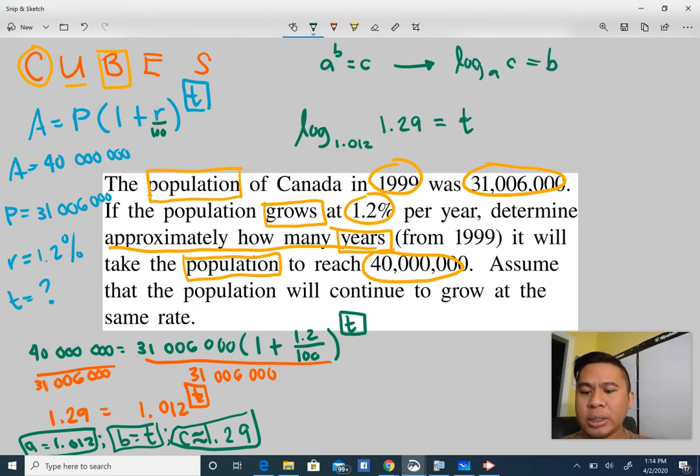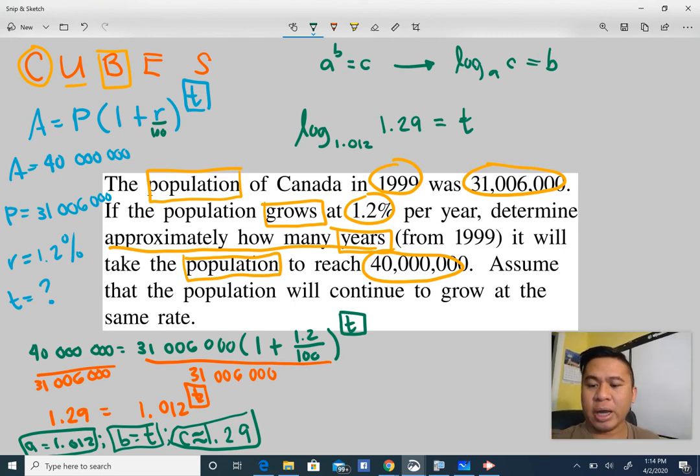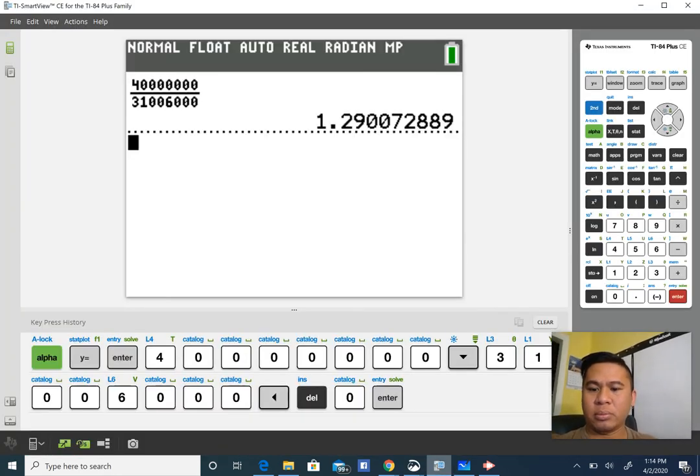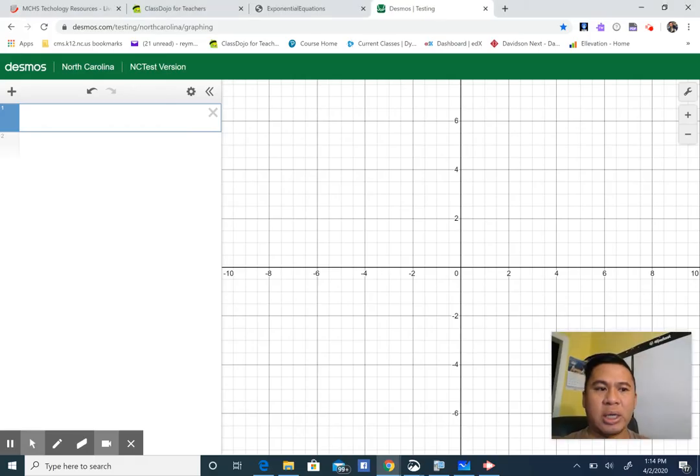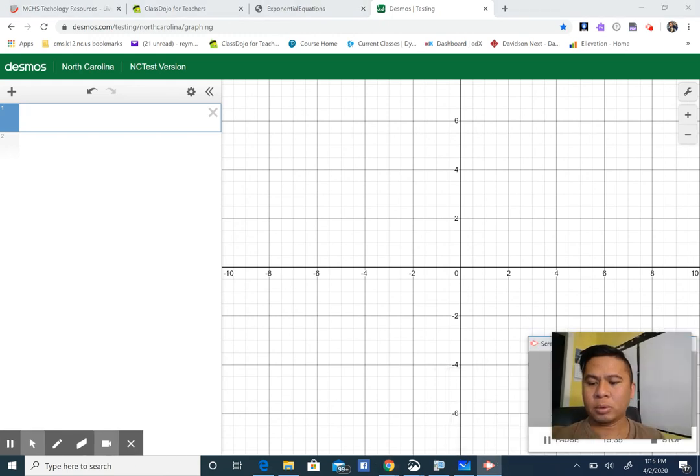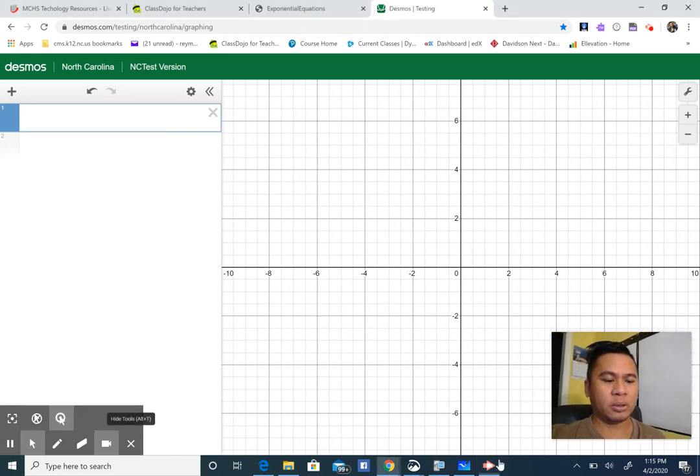Now, let's use our TI-84 calculator for this case, or we can also use our Desmos. Let's use Desmos. In using Desmos for this case, what I will do is press the following first.